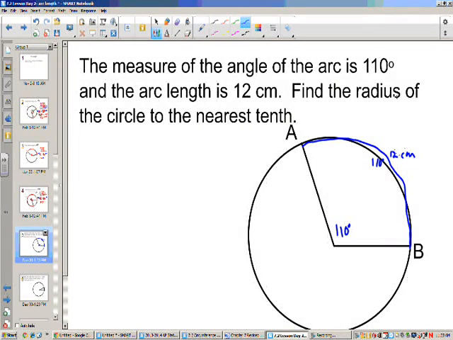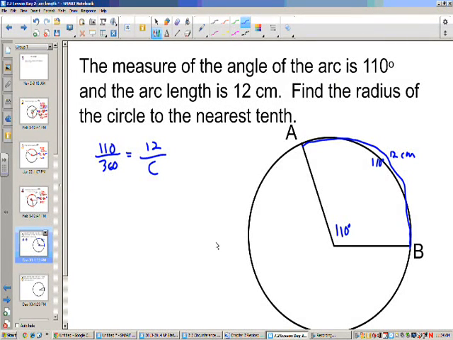We want to find the radius. Well, what we could do is take this 110, divide it by 360, and that equals the arc length, 12, over the circumference.